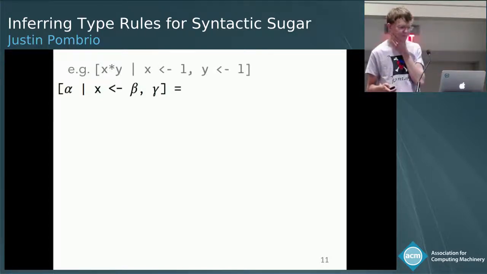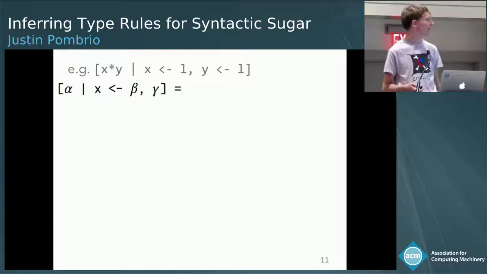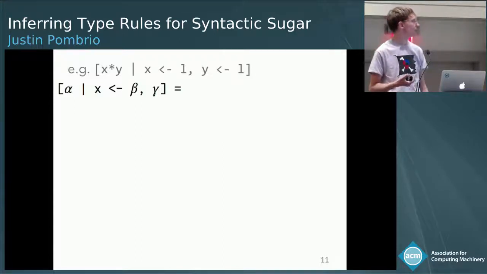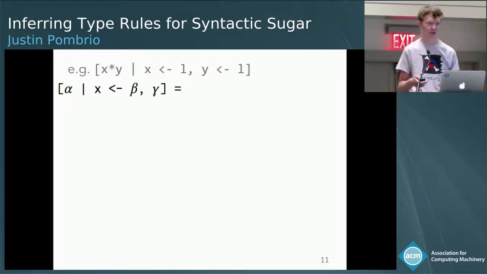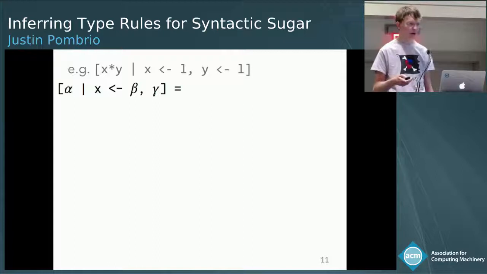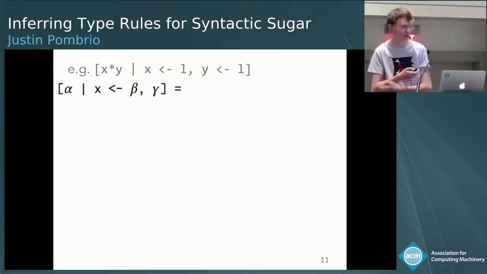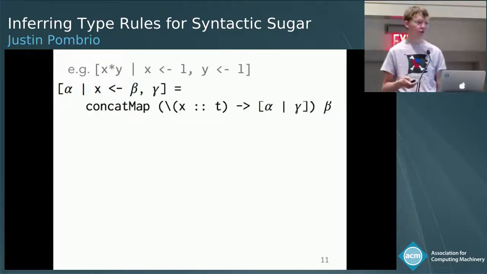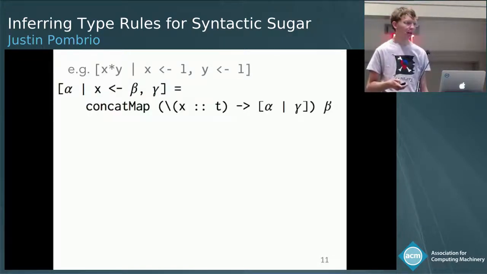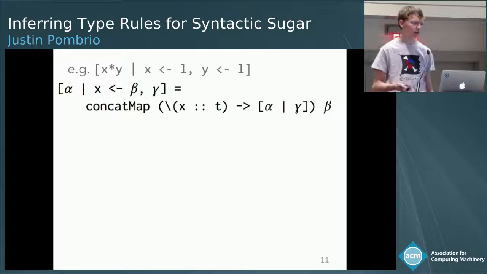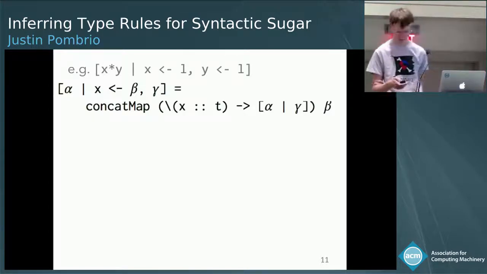For example, in gray here, this concrete list comprehension is saying take all pairs of elements x and y from a list and produce a list of their products. Okay, so what is the desugaring of this list comprehension? So essentially we want to map and then map a function over the list and concatenate the results.